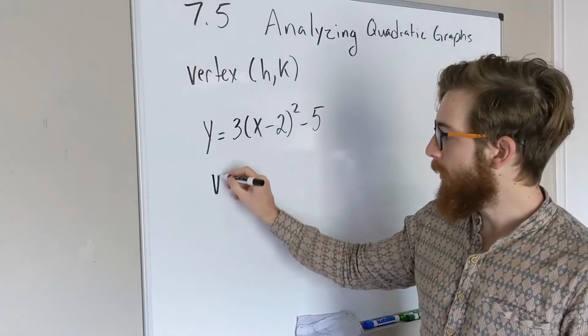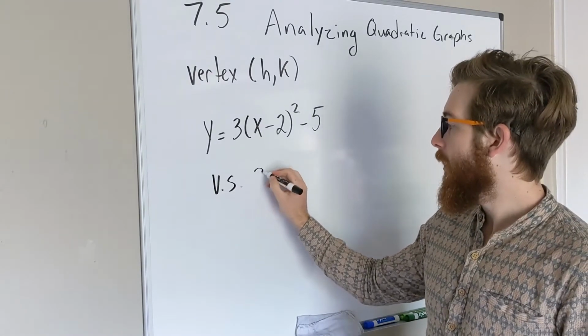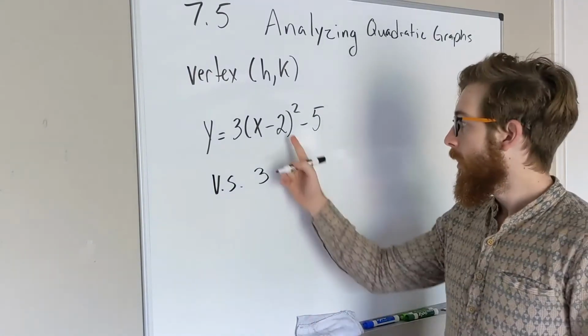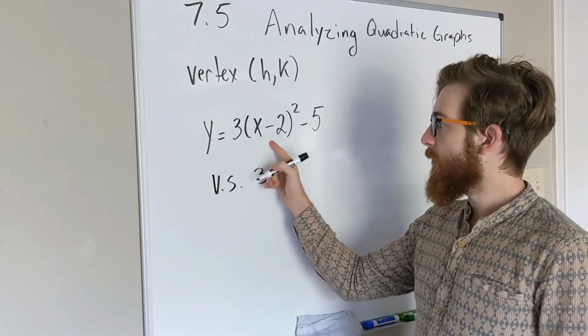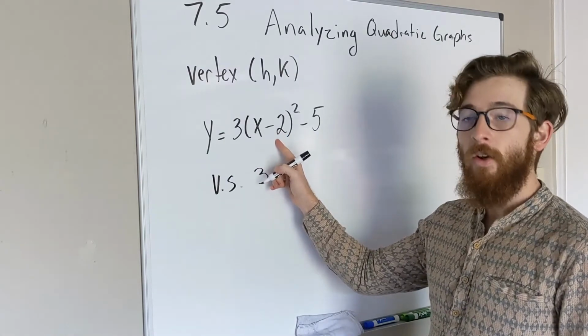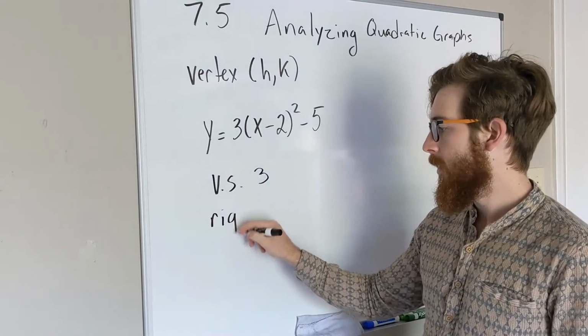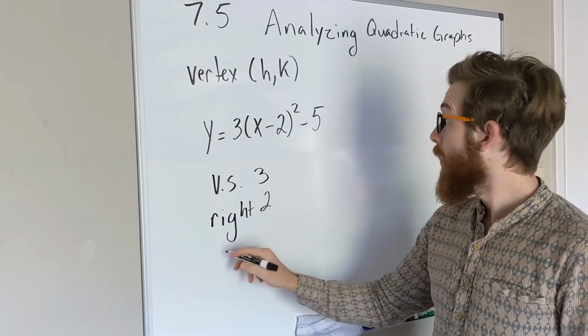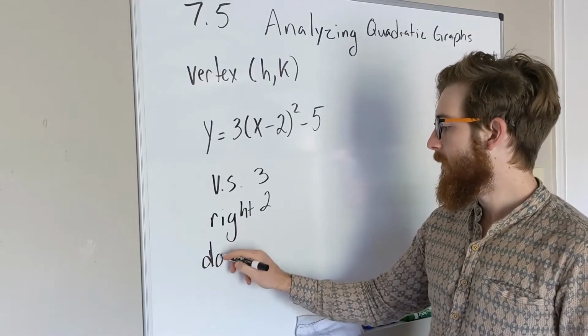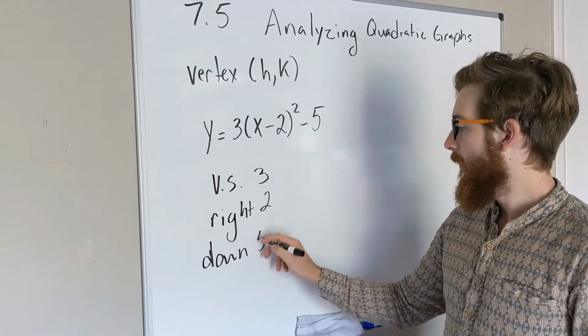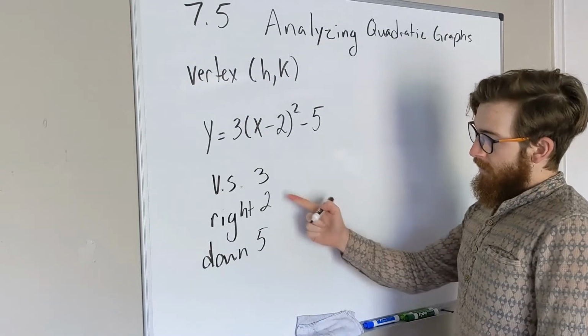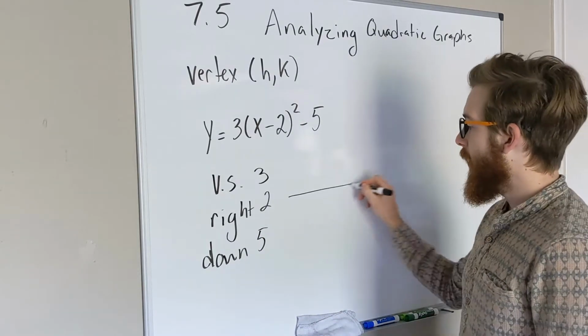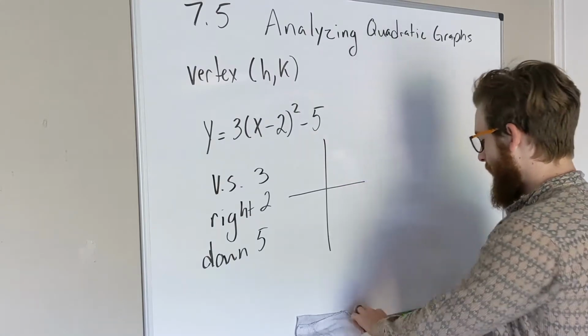We have a vertical stretch of 3. We have a shift left or right, right 2, and down 5.